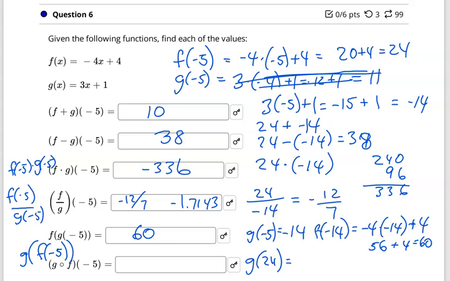Well, g of 24 is equal to 3 times 24 plus 1. Well, 3 times 24 is 3 times 20, 60, plus 3 times 4, 12. So that's equal to 72 plus 1 equals 73.